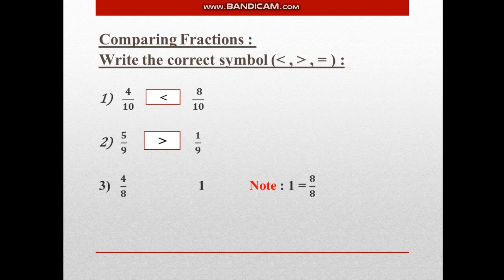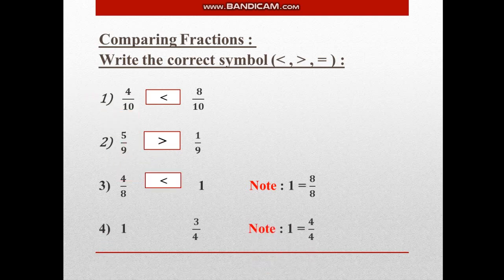Why 8 eighths? Because I need the denominator to be 8. So now can I compare? Yes. First, I look at the numerators: in the first fraction I have 4, and for 1, its numerator is 8. We know that 4 is smaller than 8, so 4 eighths will be smaller than 8 eighths.